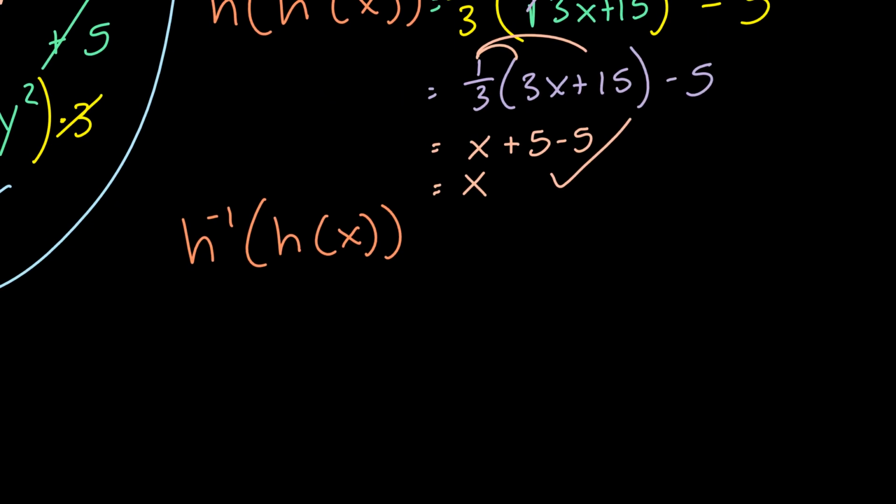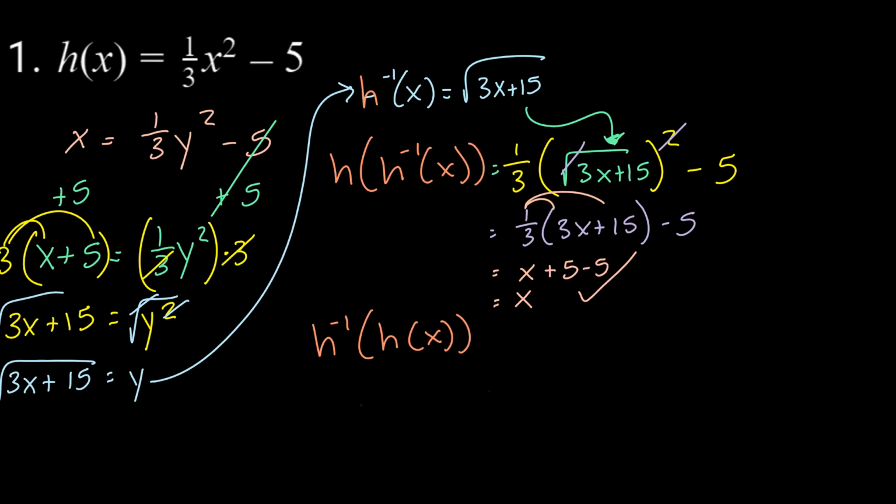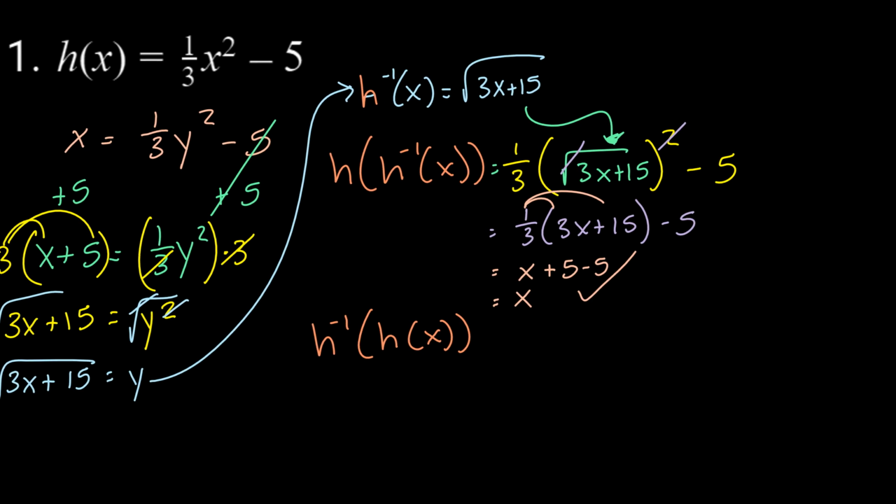Okay. Next one. We're now taking the original function and putting it into what? Into the inverse function. Oh, I'm sorry. Our inverse function is square root of 3x plus 15.